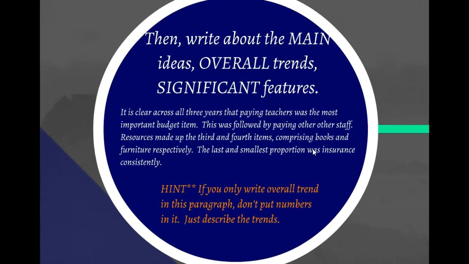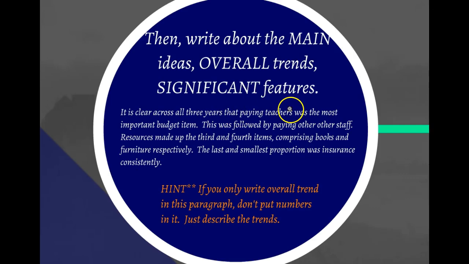Let's keep going. After the overview, write about the main ideas. Let's read it. It is clear across all 3 years that paying teachers was the most important budget item. This was followed by paying other staff. Resources made up the 3rd and 4th items, comprising books and furniture respectively. The last and smallest proportion was consistently insurance. Or you can put the adverb here last. Do you notice the range of vocabulary?